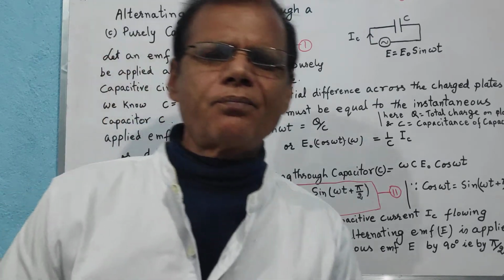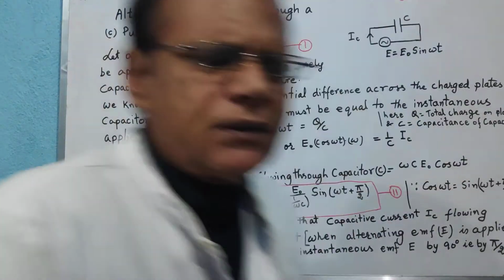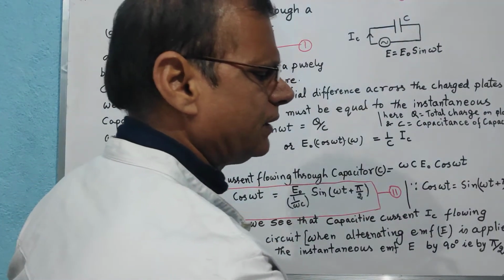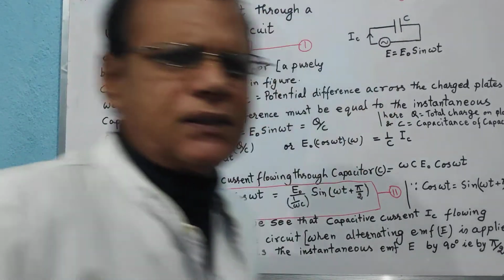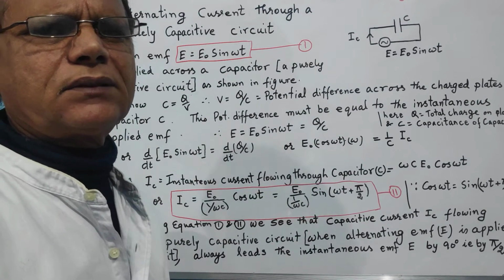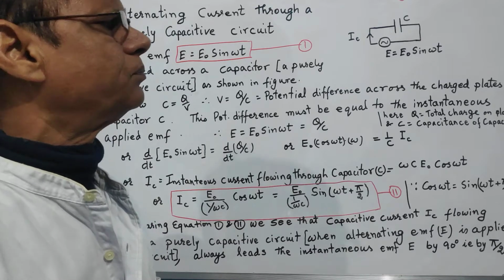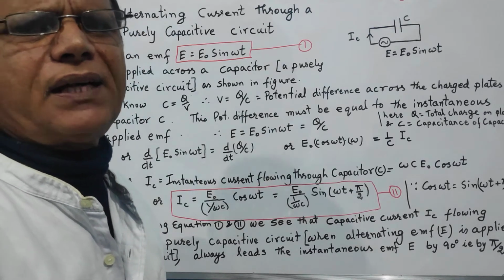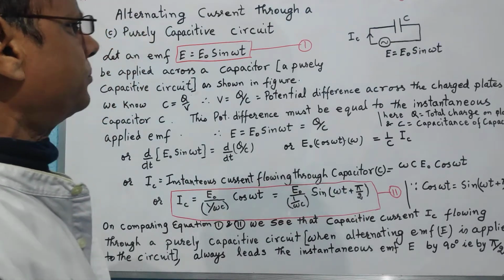We have again assumed that the epoch of applied EMF is 0. That means at the time of start, at t equal to 0, the phase of the source is 0, meaning with the reference line it makes 0 angular displacement.